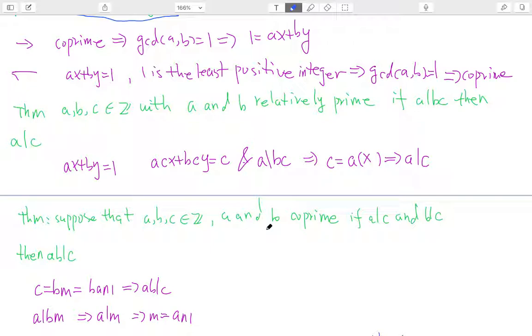For example, 2 divides 4 and 4 divides 4, and 2 times 4 is 8, but 8 certainly does not divide 4.